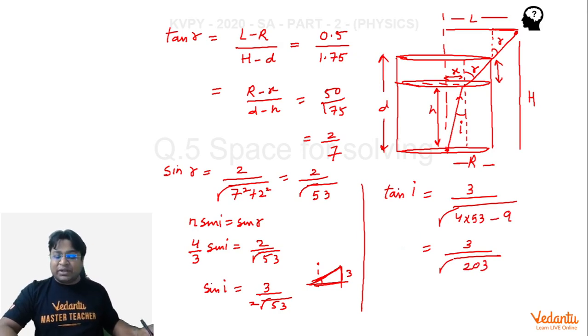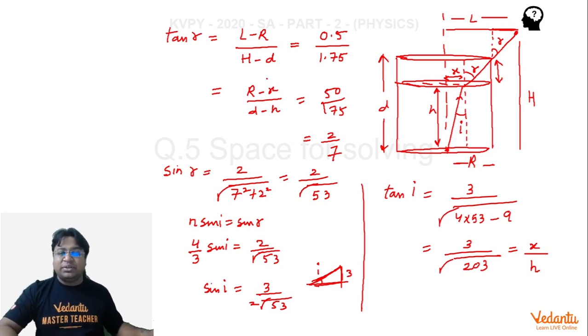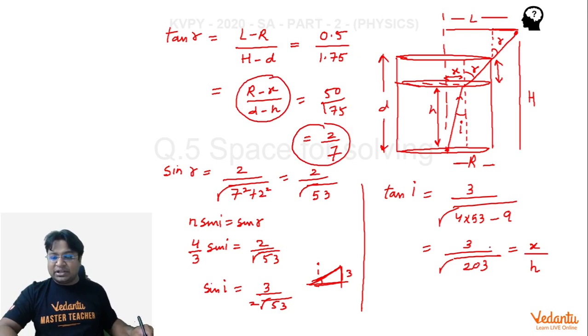Okay, we get the value of tan i, and tan i can also be written as x divided by h. Okay. So we have one relation between x and h from here, and we have another relation between x and h from here.